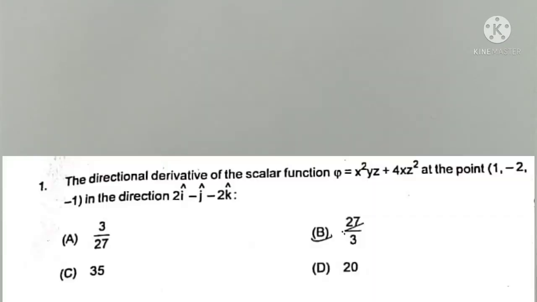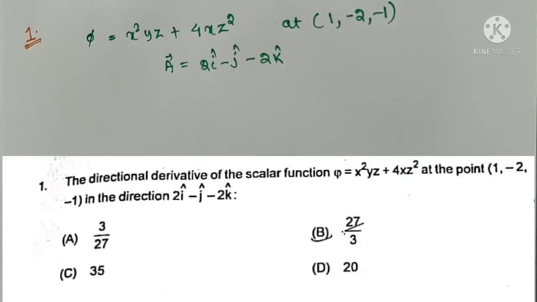Question number 1. The directional derivative of the scalar function phi that is equal to x square yz plus 4xz square at the point 1, minus 2, minus 1 in the direction of 2 i cap minus j cap minus 2 k cap.